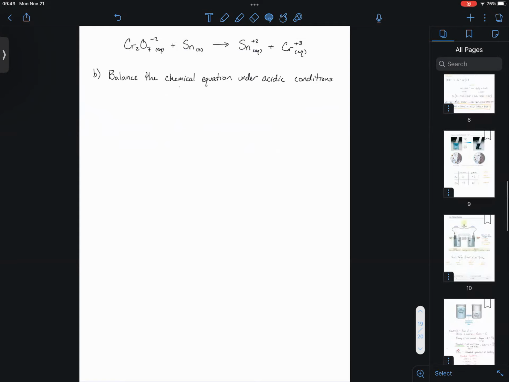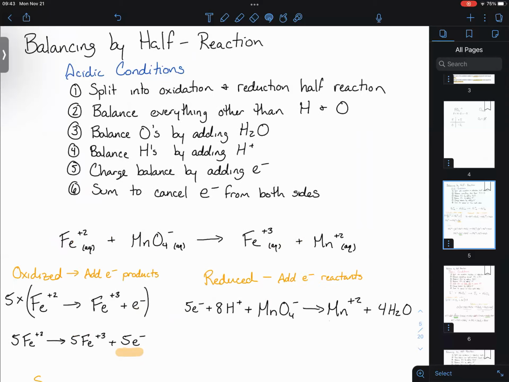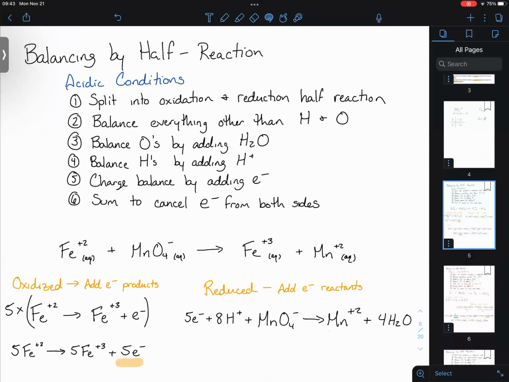And remember, for our balancing, we had this procedure here where we were going to split it into these 2 half reactions. That's really the shtick behind balancing these redox reactions, is you have to use this half reaction method, really because you have to account for the change in the number of electrons that occurs. All right, so this is my procedure that I'm going to be following here.